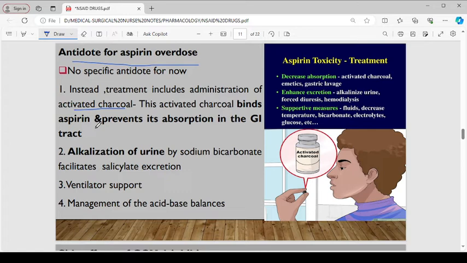Furthermore, we can carry out alkalization of urine by sodium bicarbonate. So this will help facilitate salicylate excretion. The patient can also be put on a ventilator for breathing support, and we can also manage the metabolic acidosis in an attempt to help the patient.